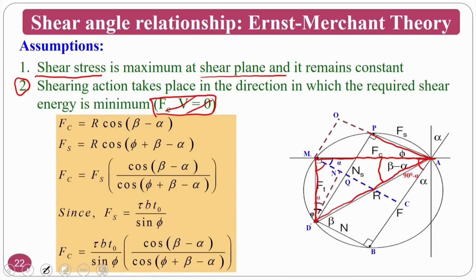So now I have to include another phi. Now Fc you are writing in terms of Fs, and since we know Fs, the shear force, is nothing but the shear stress multiplied by the shearing area, and the shearing area is already given here.